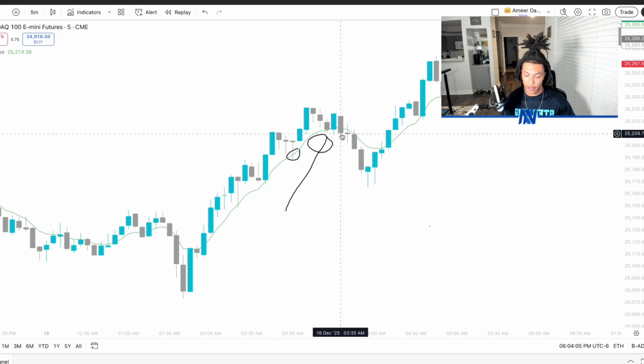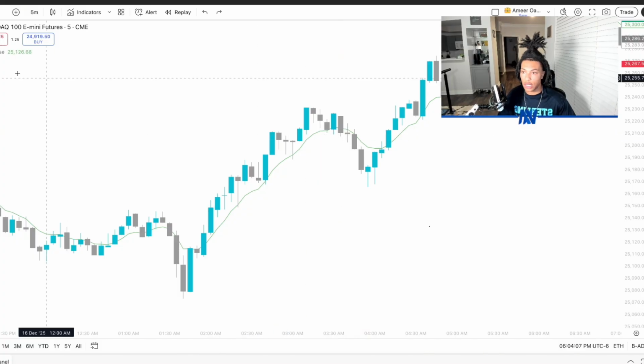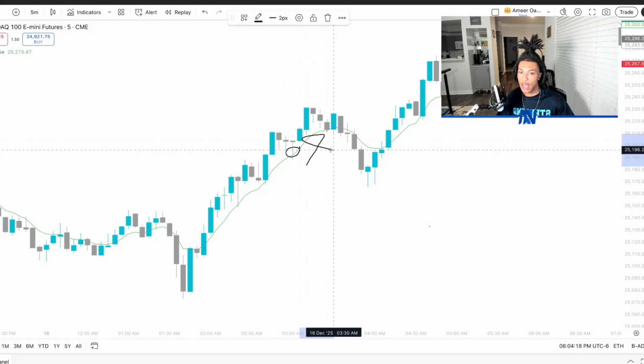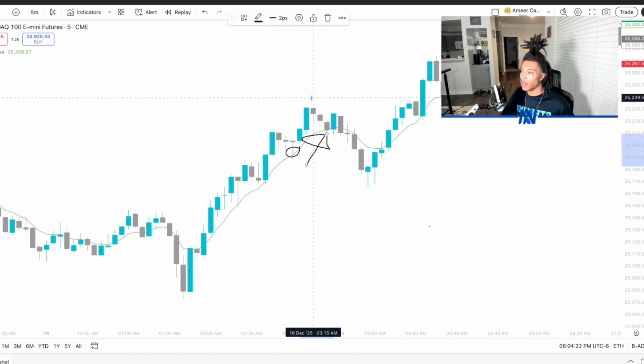So that's a really good example of, even though it breaks through on that 1 minute as soon as we get in, it still rejects off this 5 minute and then continues to the upside. And then with that being said, we still ended up getting out in almost 25 minutes.